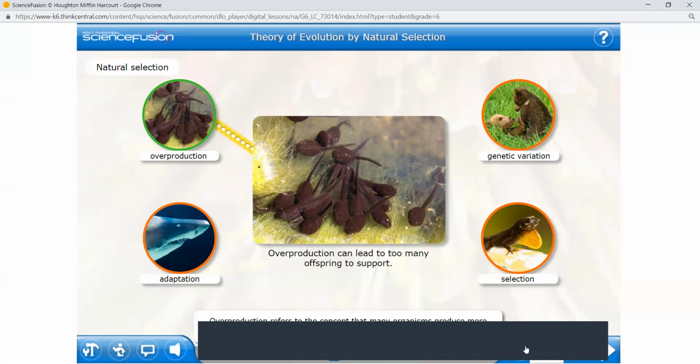So they finally die. Overproduction refers to the concept that many organisms produce more offspring than the environment can support. Competition for limited resources means that not all of these offspring will survive.